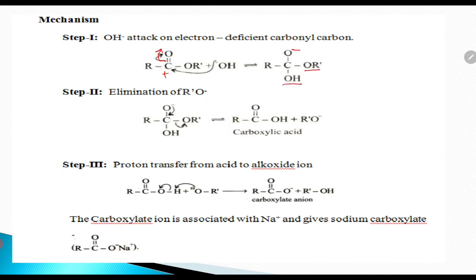Next, elimination of RO minus, that is the alkoxide ion. Again these electrons shift in between the carbon and oxygen atoms, and the alkoxide ion is eliminated, and in this way we get RC double bond O OH, that is, the carboxylic acid is obtained. In the third step, proton transfer from the acid to the alkoxide ion takes place.